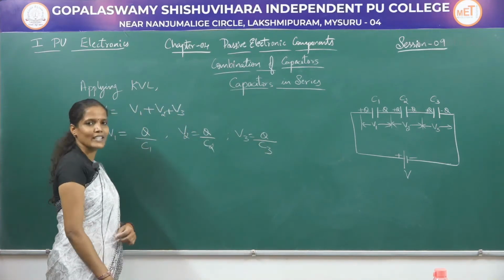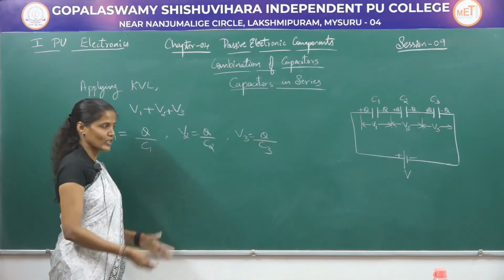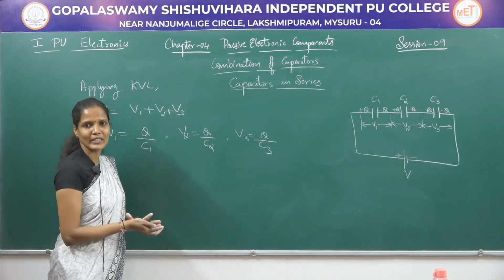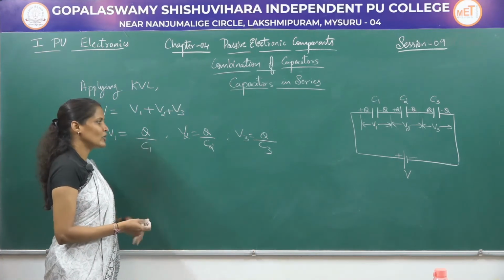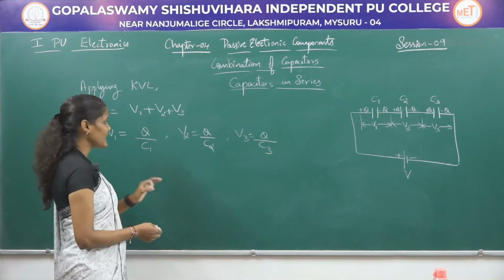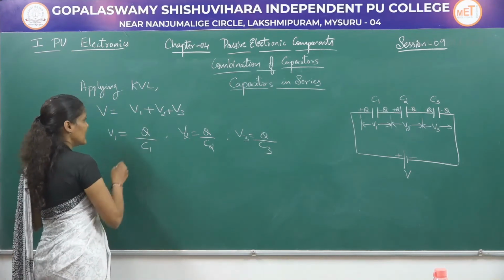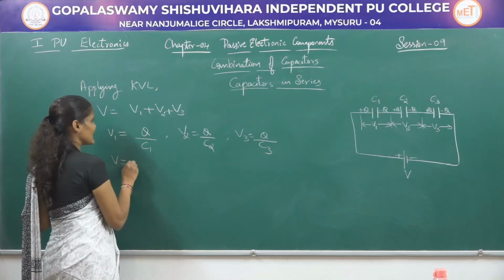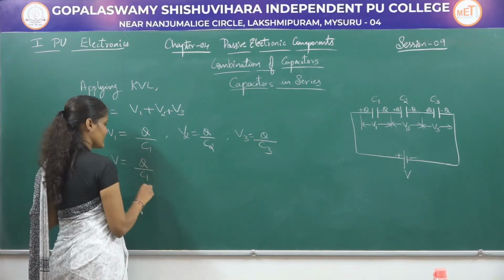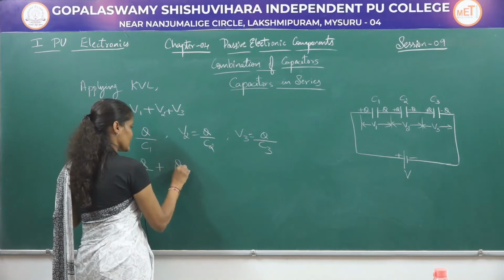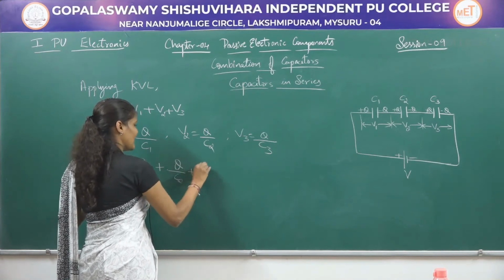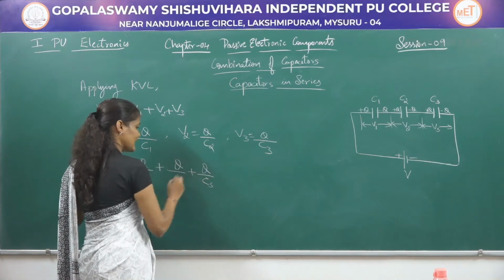Since the charge on each capacitor is constant because the same current is flowing through all of the capacitors, we are going to denote the charge of each capacitor by Q only. So let us substitute these relationships in the above equation. So V is equal to Q divided by C1 plus Q divided by C2 plus Q divided by C3.